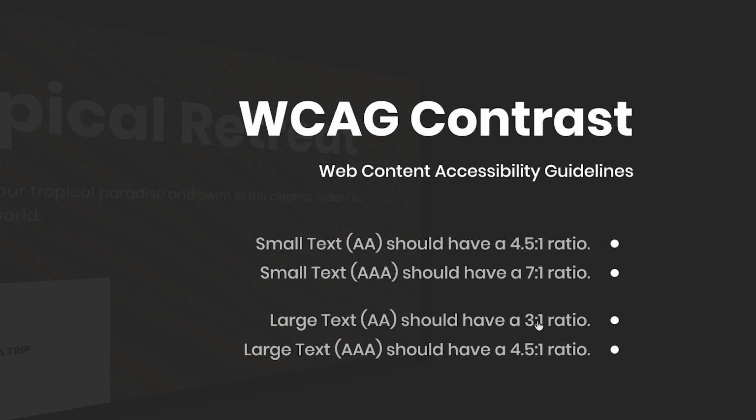Now, why should it be less than, say, small text at 4.5:1? Well, basically, what this means is that the larger something is, the easier you're going to be able to see it. And so the contrast doesn't necessarily have to be as high as compared to small text.